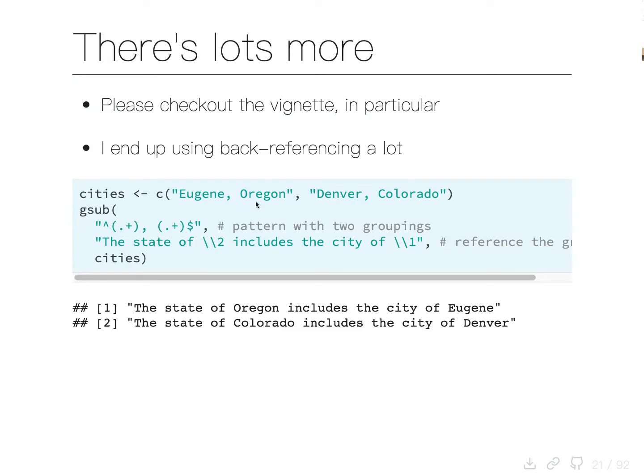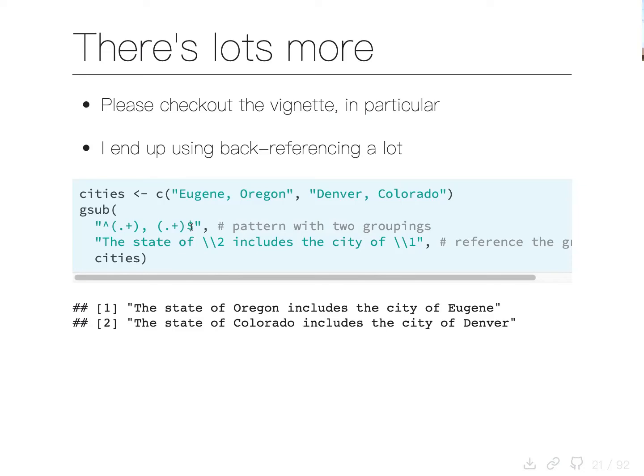So I'm saying starts with, and then I'm using these parentheses to say anything, whatever it is, any number of times until there's a comma. Then there's a space, and then some other characters, any number of times until we reach the end.